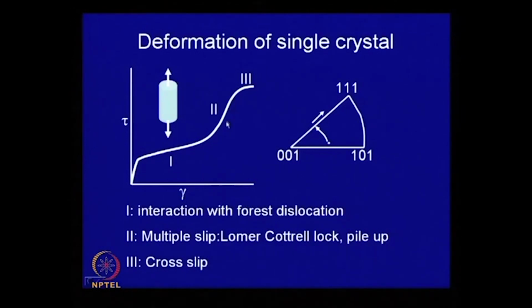And when this mode becomes operative, that cross slip, then there is some amount of strain softening, that is stage 3.